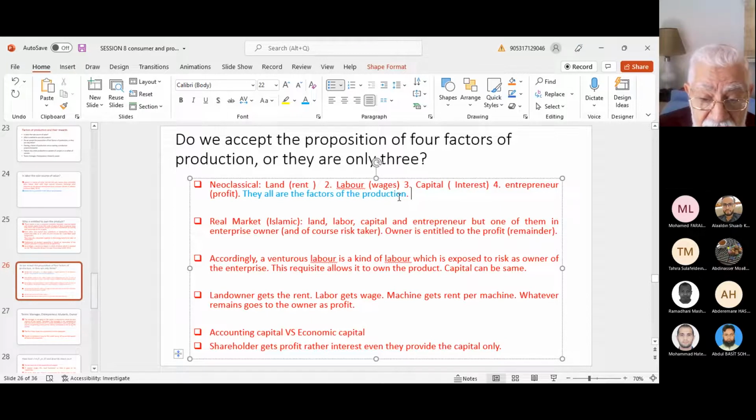So he manages the project, but the capital is rented. The labor is rented, the land is rented, and the owner is the entrepreneur. So the owner here is the entrepreneur.